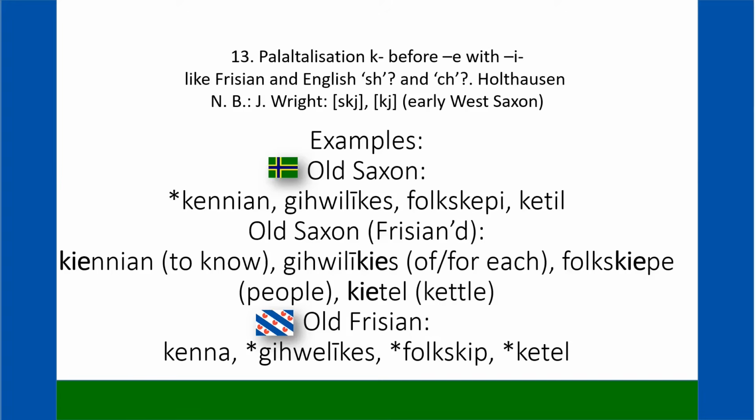But just to play it safe, I'm just going to take Holthausen as he says it as it is. I don't really want to impose Joseph Wright here at this moment because I don't want to confuse you guys.